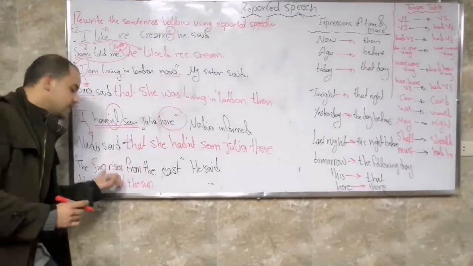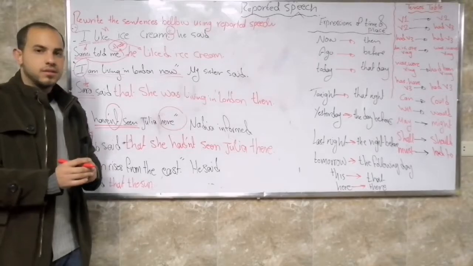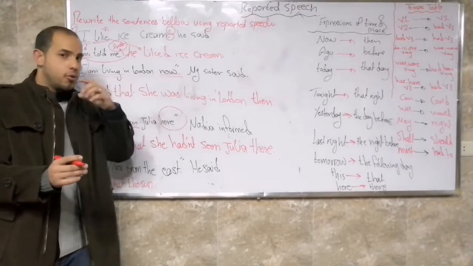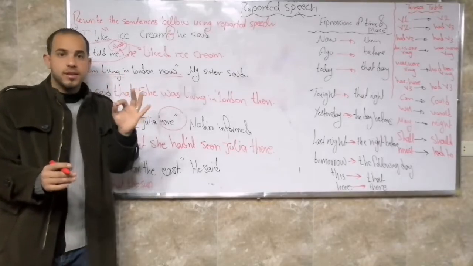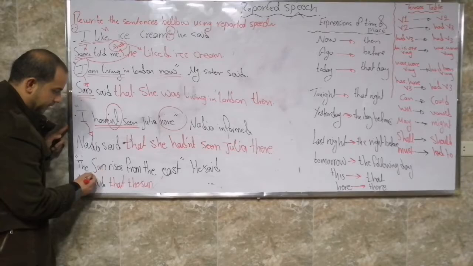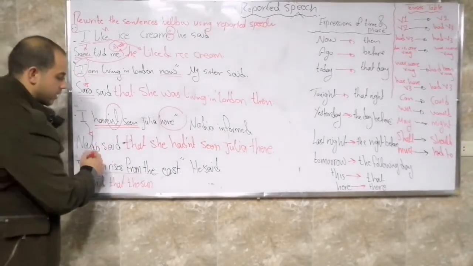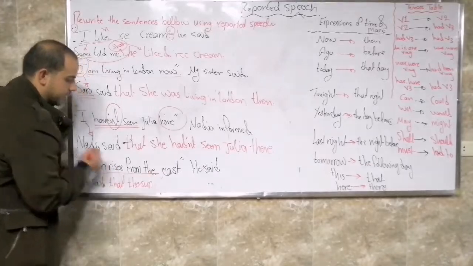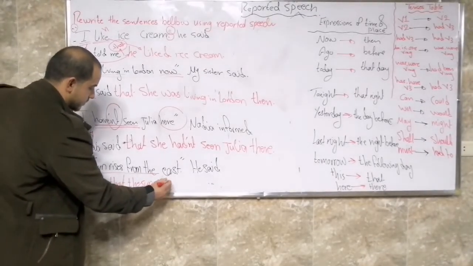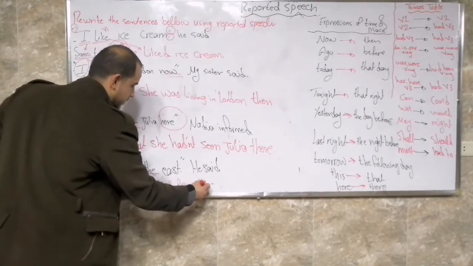If you have a scientific fact, it won't be changed. Okay? You cannot change, you cannot report the scientific facts. Because here we have a fact, so the sentence will be as it is. Okay, that the sun rises from the east.